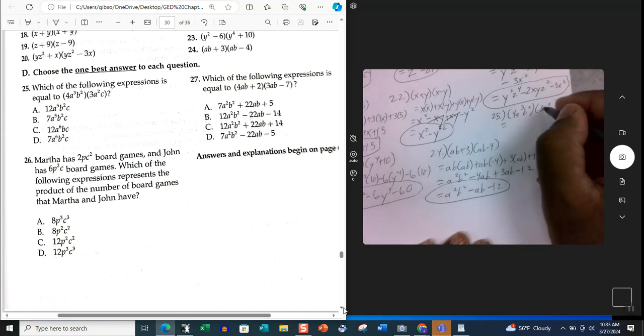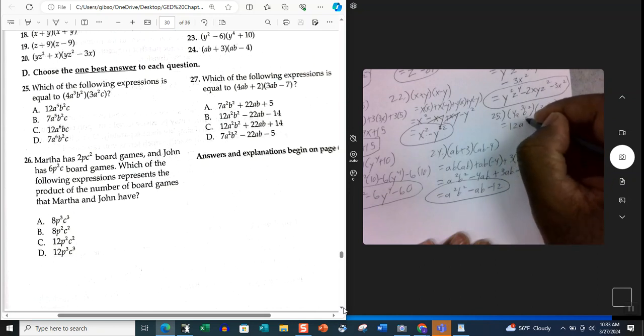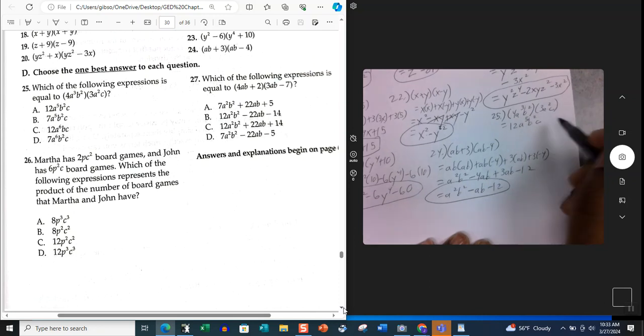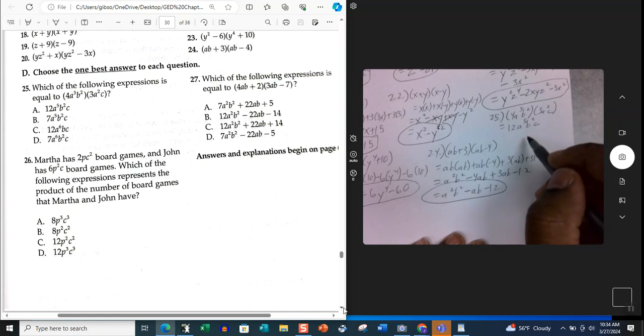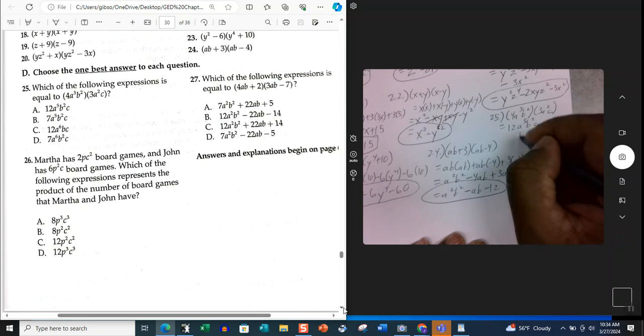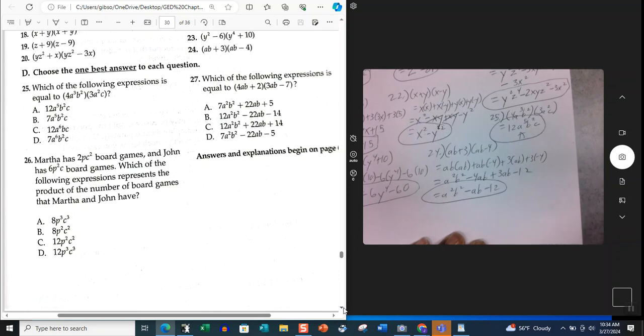So we multiply. 4 times 3 is 12. A cubed times a squared is a to the 5th. And we'll bring down our b squared and c because they have none of these that have the same base. So we add 12a to the 5th b squared c, and that is a. So for 25, our answer is a.